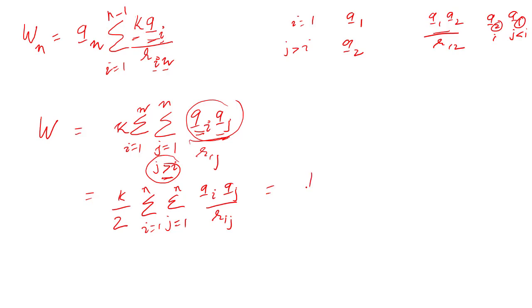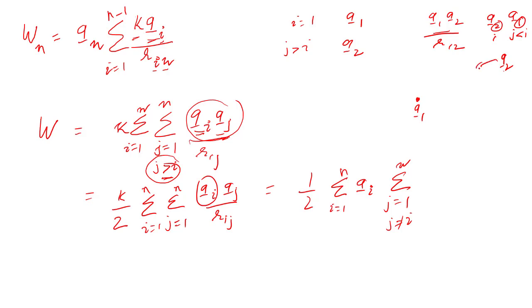Or you can write this as half of sigma i equal to 1 to n, pull Qi out, and then from j equal to 1 to n, excepting j equal to i, because we're not considering the potential of Q2 itself as it is coming into Q1. So when I have a charge Q1, if I'm bringing Q2 in, I'm only looking at the potential from the charges that are already at this point.